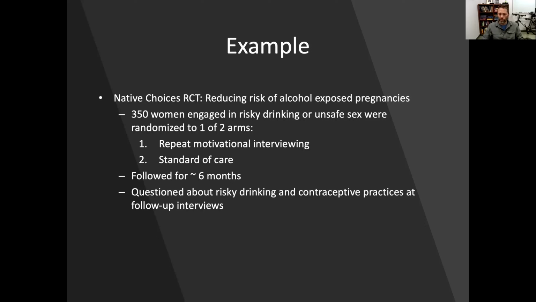Women were followed for 6 months, and then at the end of the 6 months, another survey was administered, or will be administered because this is ongoing, asking about risky drinking and contraceptive practice at follow-up. And then at the end of follow-up, we'll compare the prevalence of risky drinking and unsafe sex at 6 months in these two arms to see if this intervention of motivational interviewing has any impact.